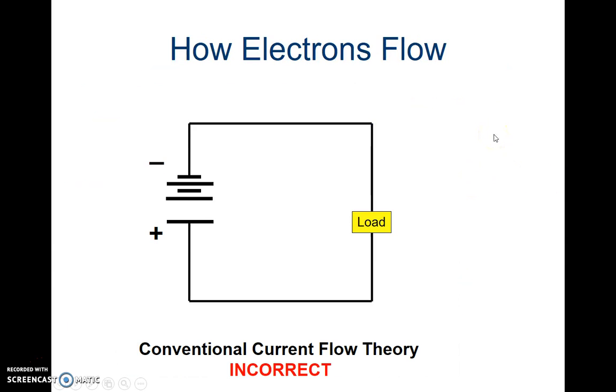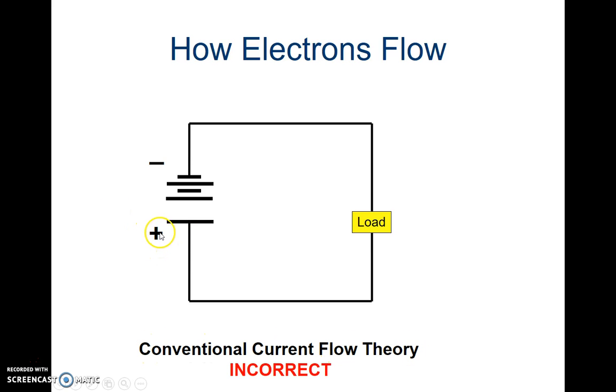All right, last part of the presentation. How electrons flow in a circuit. There's two theories, and we need to know these. Will be on the quiz once again. The original theory, when we started developing a knowledge for electricity as humans, we came up with what's called conventional current flow theory. Conventional current flow theory.